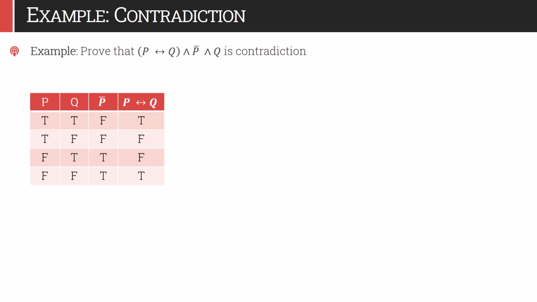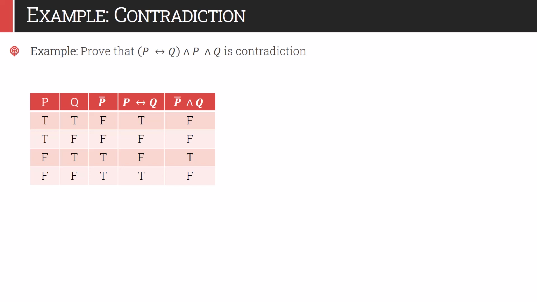So for the first and last row, it is true because in the first row, P and Q both are true, and in the last row both are false. In the rest of the two rows, one is true, one is false, and hence this is the truth value of P equivalence Q. Let us take the conjunction of that with P bar. So that will be F, F, T, F. Fine. Because in the last row only, P bar and P equivalence Q have value true.